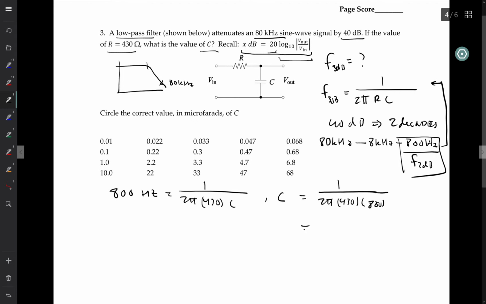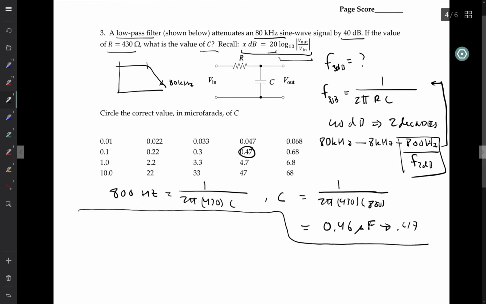If you calculate this on your calculator, you basically get 0.46 microfarads, which is close enough to 0.47, which is this answer.